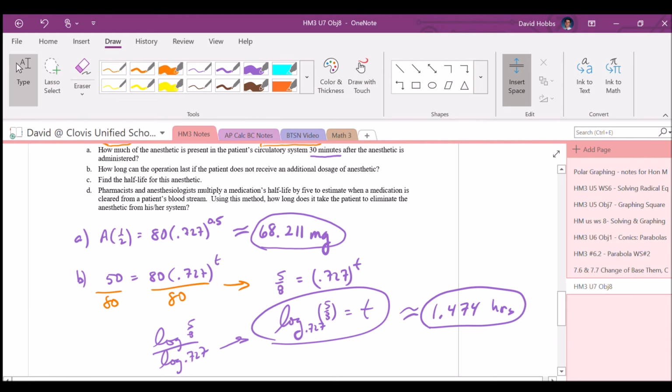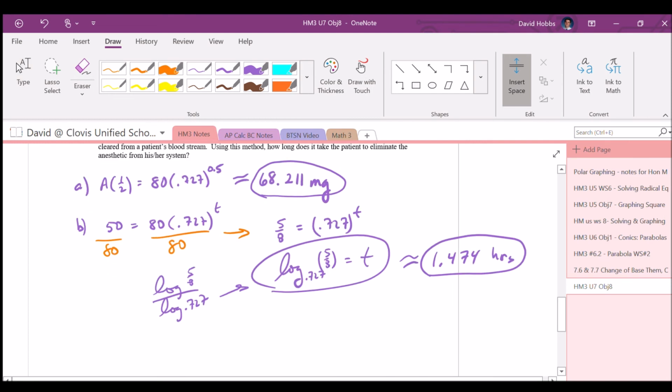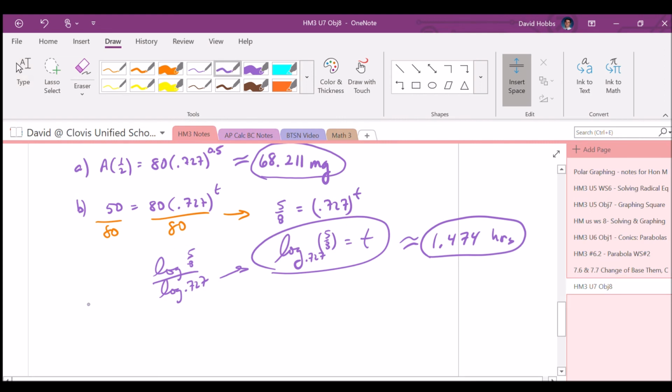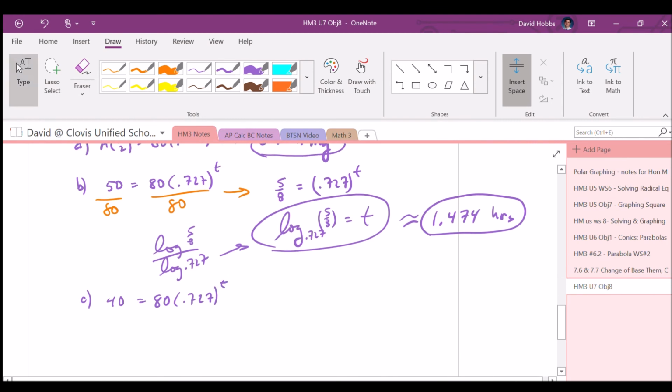Find the half-life for this anesthetic. What does half-life mean again? The amount of time it takes for half of it to change or go away. So half of the initial dosage was 40. So if we put 40 over there and solve for the amount of time it takes for that, which is very similar to what we just did, I get 1/2 equals 0.727 to the t, and log base 0.727, and it's 1/2 equals t.